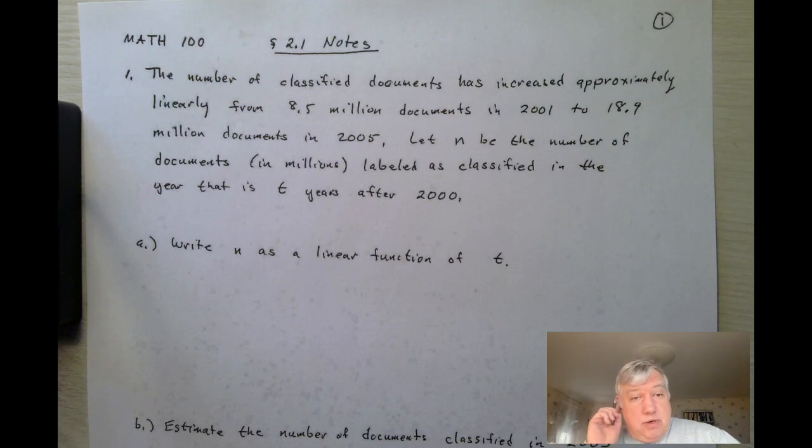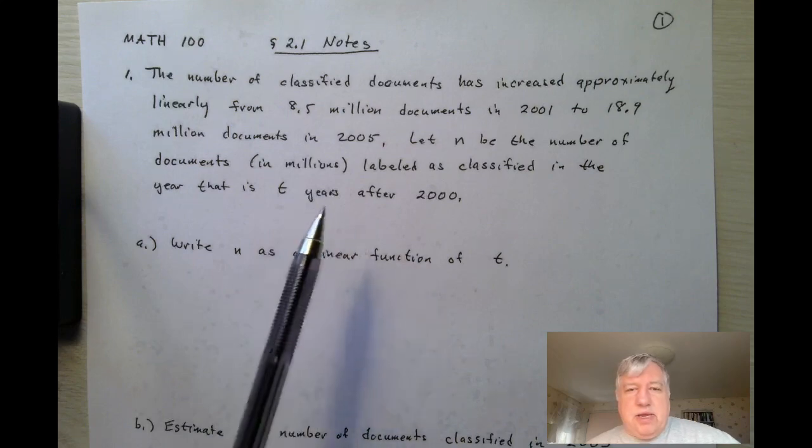Let n be the number of documents in the millions labeled as classified in the year that is t years after 2000. And we are going to try to write n as a linear function of t.